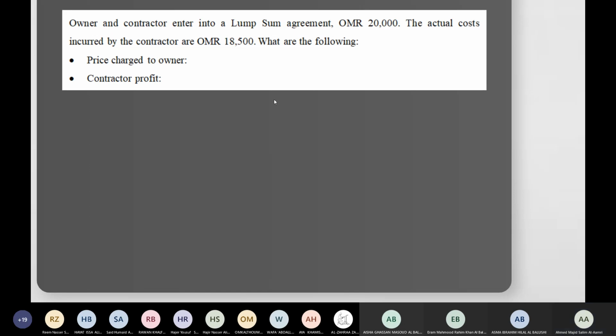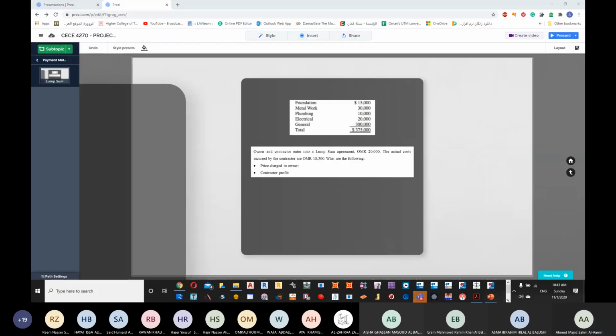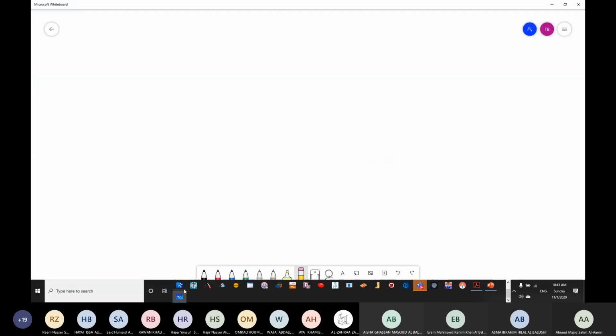If you see here, we said there is a contract. We enter into a contract. We sign a contract for 20,000 Omani Riyal.